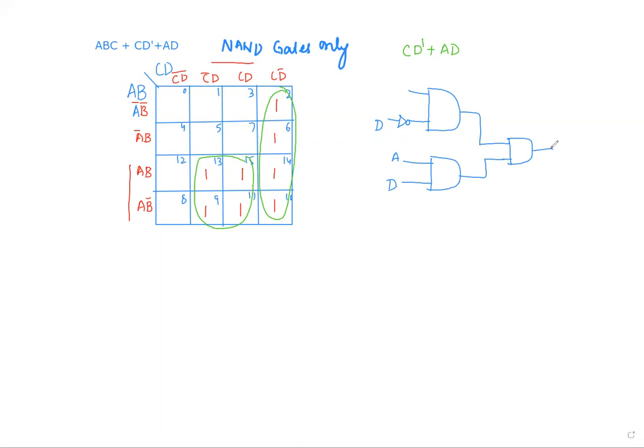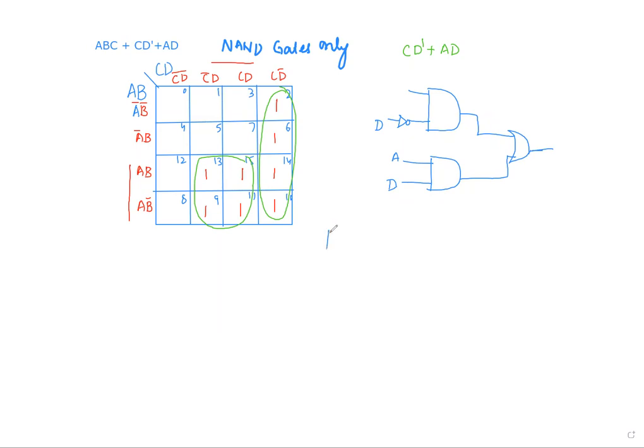Now we have been asked to go for implementation using NAND gates only. So what you are supposed to do is replace these AND gates and this OR gate with their equivalent NAND gates.